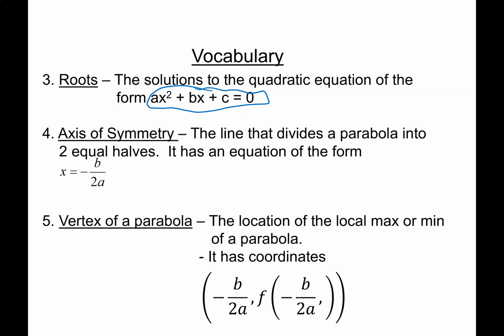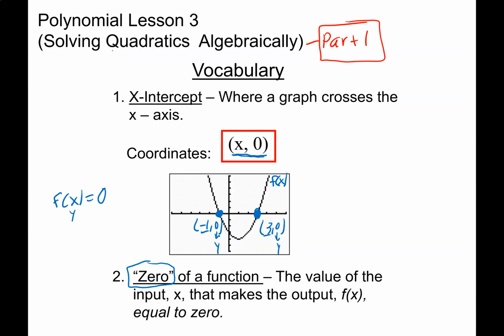Now again, if I write f of x is ax squared plus bx plus c, the only thing different is that the f of x has been replaced with 0, which is what we just talked about here. So whether I call these roots, x-intercepts, or zeros, I'm really looking for the same thing. It's just a different terminology, maybe a slightly different representation, but I'm looking for the values of x that will make f of x equal to 0.